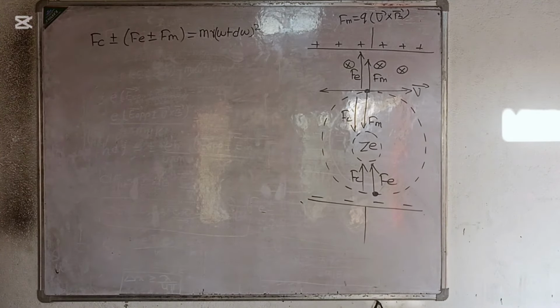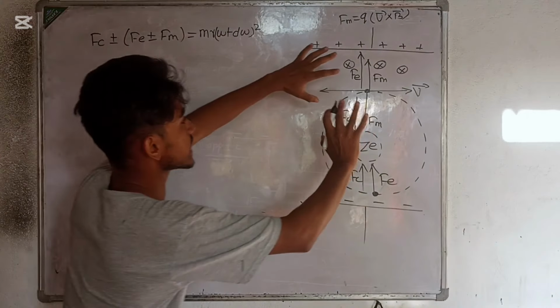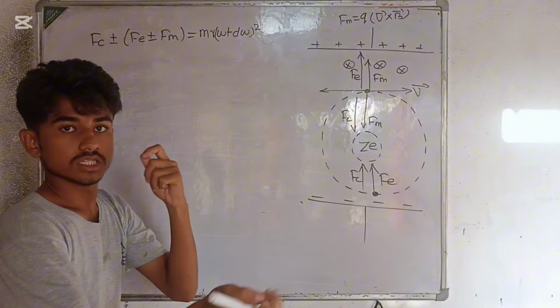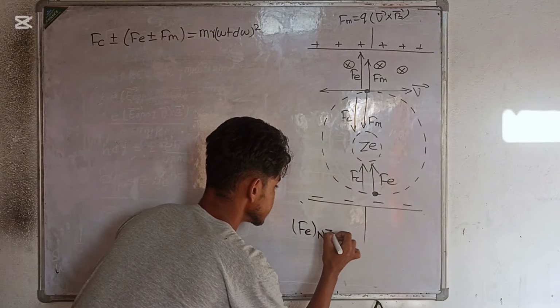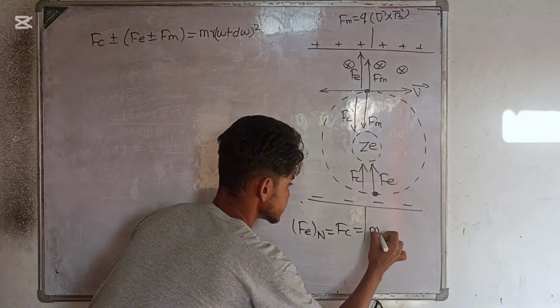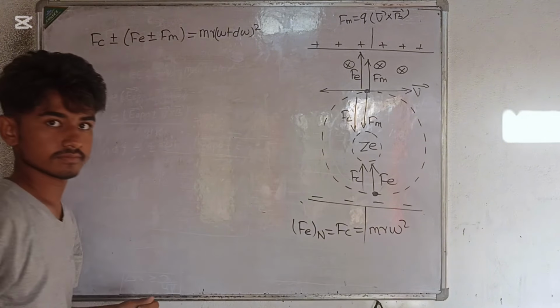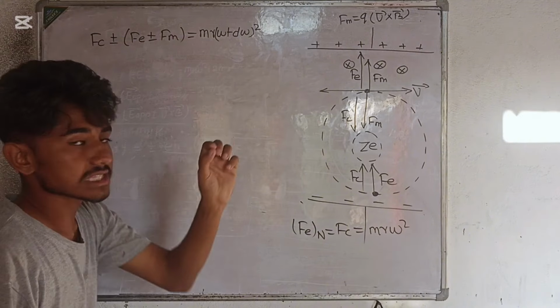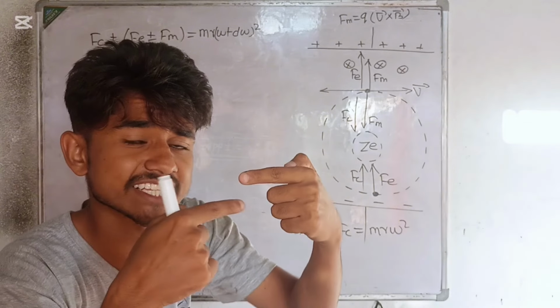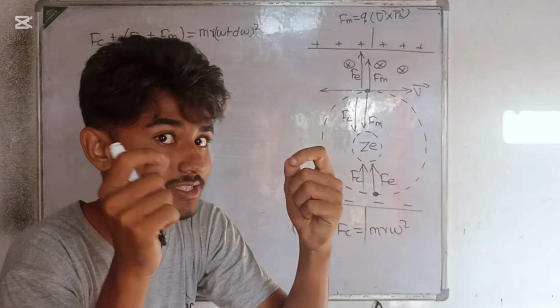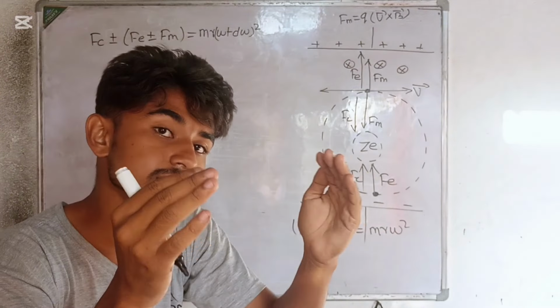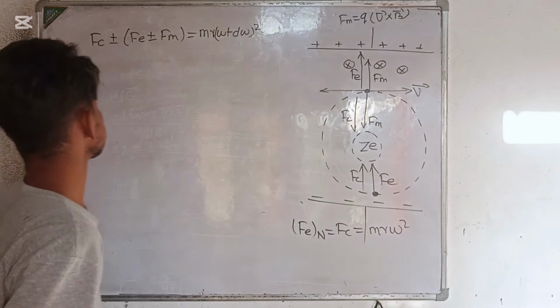If there is no external electric and magnetic field, the electrostatic force due to the nucleus is equal to the centripetal force, that is m r omega squared, and d omega is the slight change in angular frequency in the presence of electric and magnetic field. This d omega is the change in angular frequency of the electron, not the shift in angular frequency of the photon.